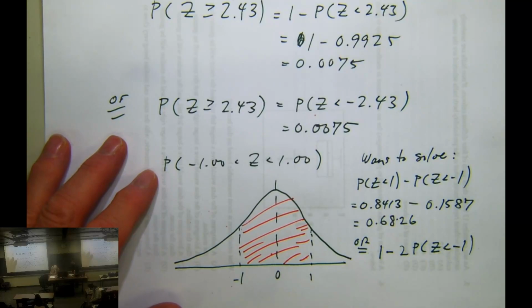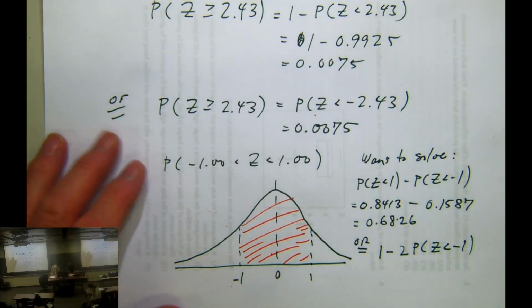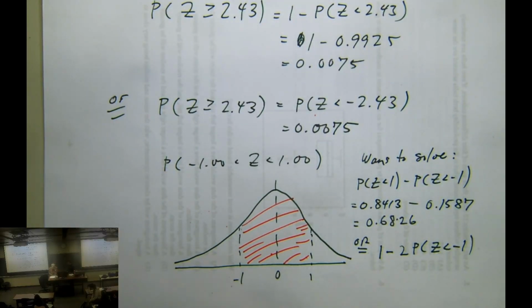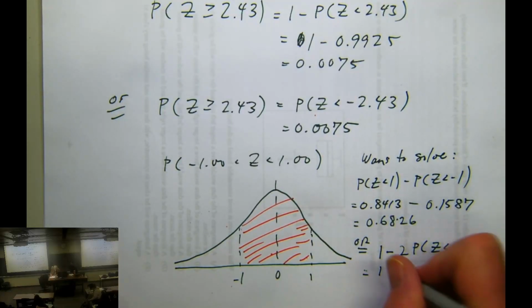You just multiply by 2? Because the area less than negative 1 is the same as the area greater than 1. So if I just get one of the tails, I can double that, and then I've got the area of the 2 tails, and subtract that from 1.